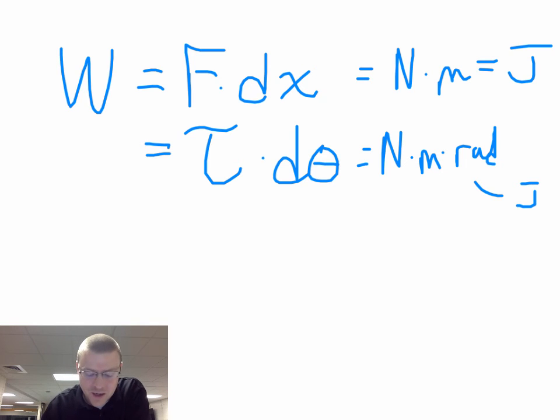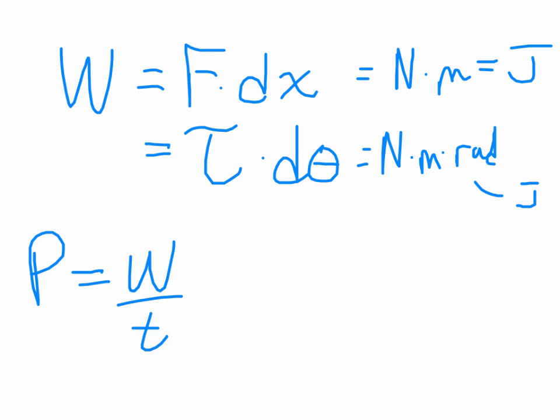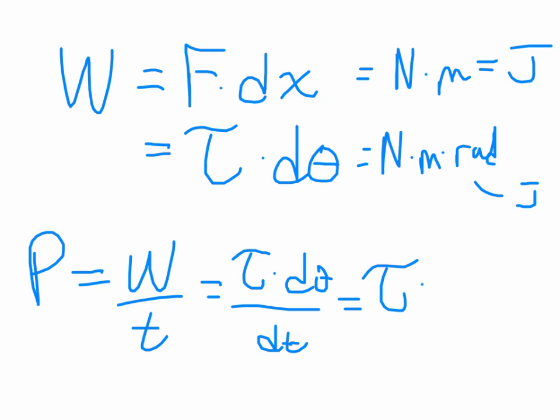And if we wanted to find our power, power is just the work you do over the time it takes you to get there. So if our work is torque d theta, and I'm going to divide that by time, remember that d theta dt is omega. So really, a torque times an omega will also get you the amount of power that is generated, just like force times velocity.